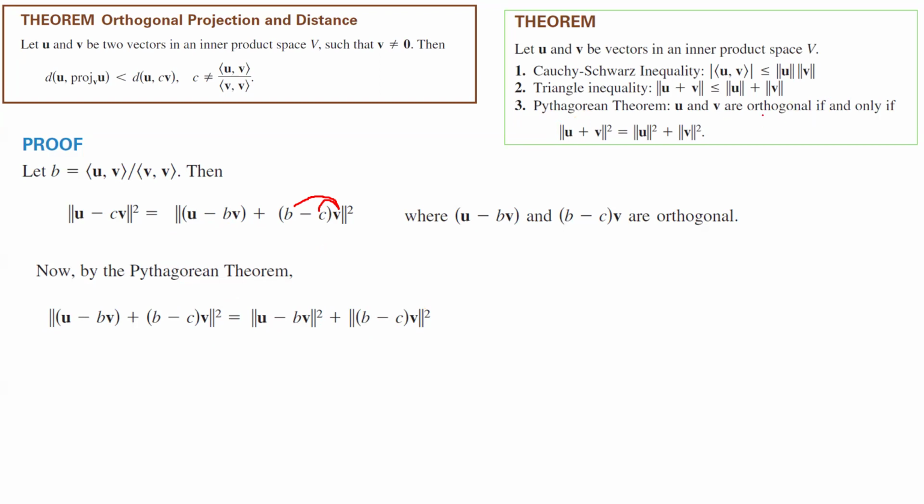As long as you have orthogonal vectors, you can simplify as follows: the magnitude of u plus v to the second is equal to the magnitude of u to the second plus the magnitude of v to the second. Now, this implies that the magnitude of u minus cv to the second, which is the quantity on the left-hand side, is equal to the magnitude of u minus bv to the second plus (b minus c) to the second times the magnitude of v to the second.